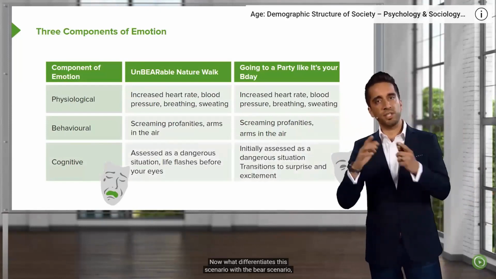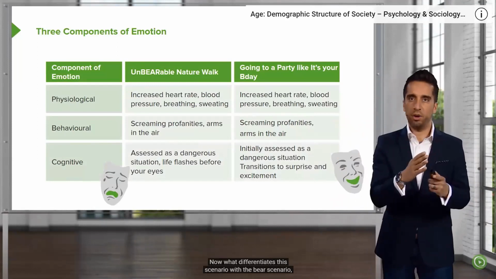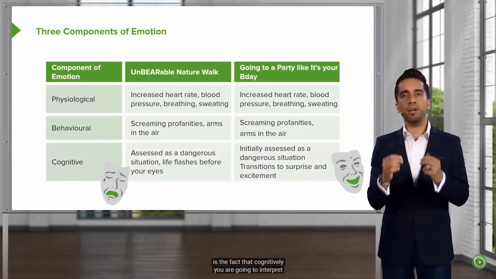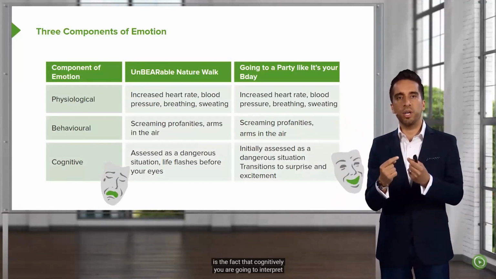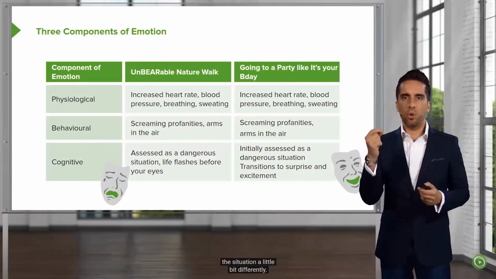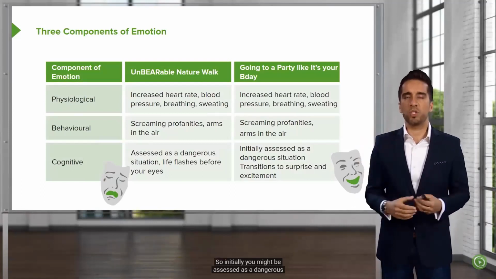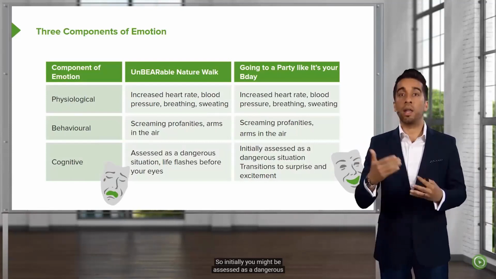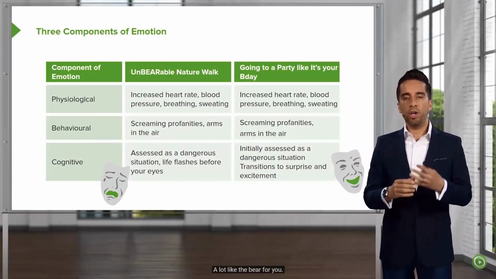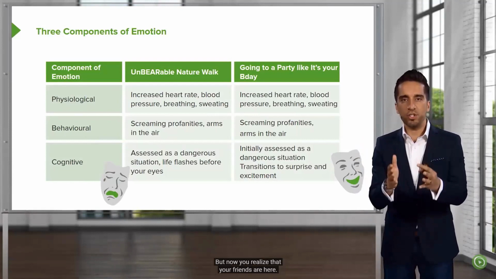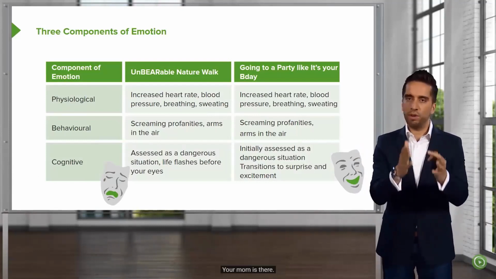Now, what differentiates this scenario from the bear scenario is the fact that cognitively, you're going to interpret the situation a little bit differently. So initially, it might be assessed as a dangerous situation, a lot like the bear for you. But now you realize that your friends are here, your mom is there, you love your mom.